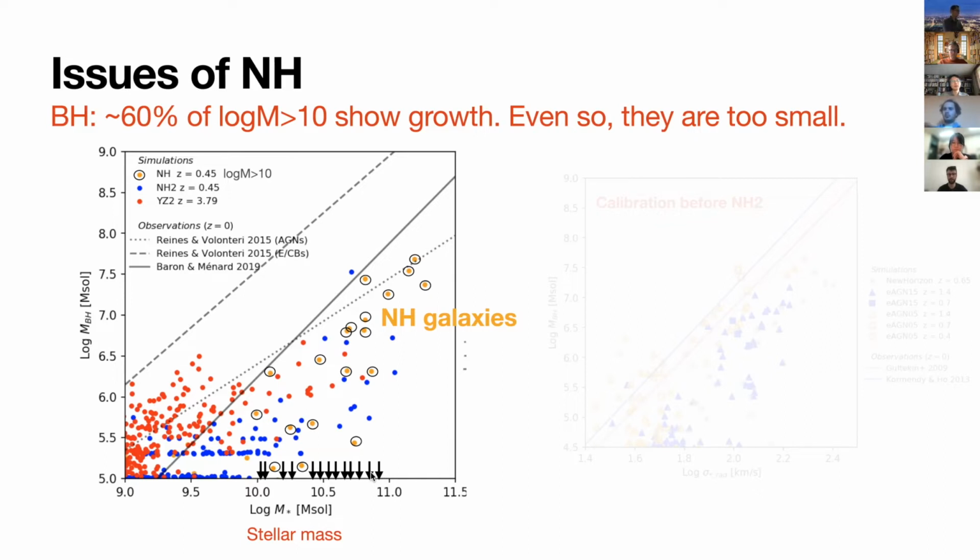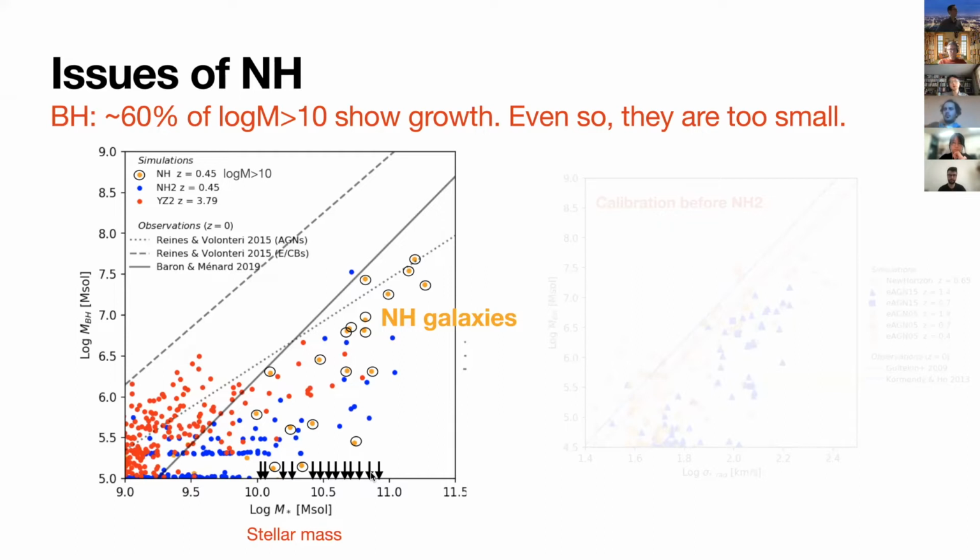And then when you resolve the central region, the gas motion is resolved, the stellar motion is resolved, and then you can resolve very fast gas streams. And even if there is a lot of gas in the galactic center, if galaxy motion is resolved to be very fast, then the relative speed between the black hole and the gas is very high, and then gas accretion will be prevented.